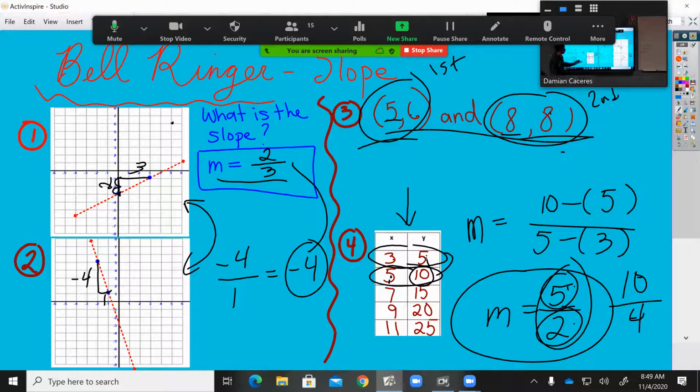Now there's one more step to number 3 and 4. Sometimes they don't give you one of these numbers, but they do give you the slope already. So let's do 2 examples like that.